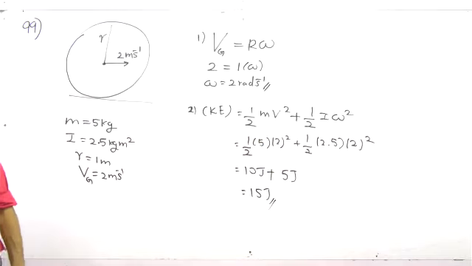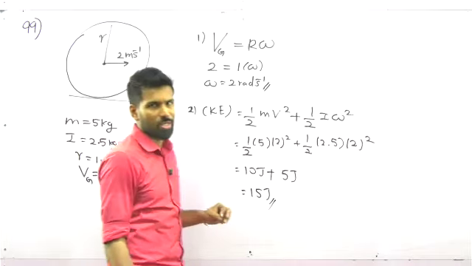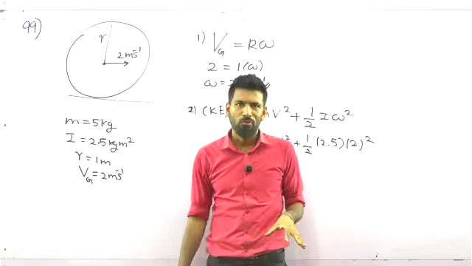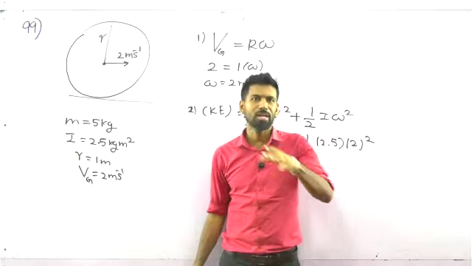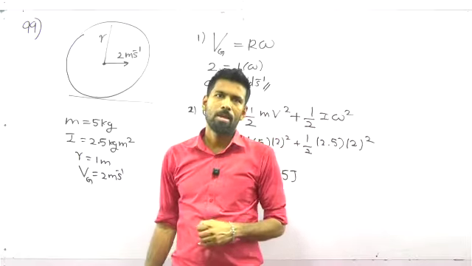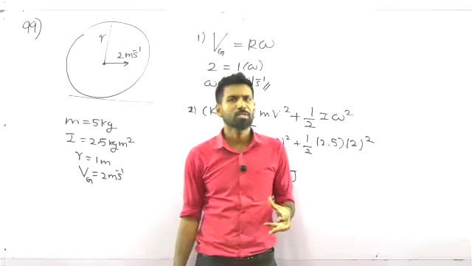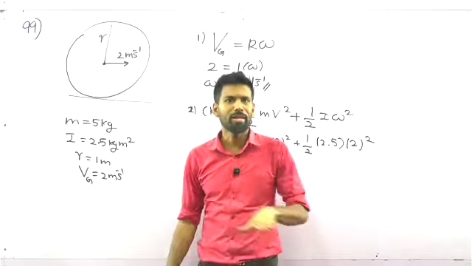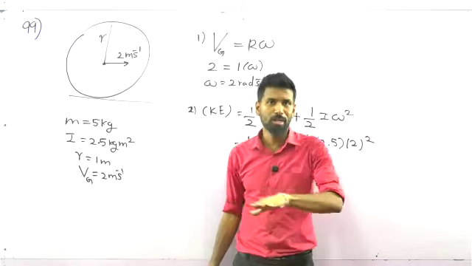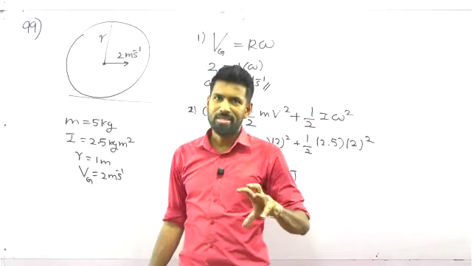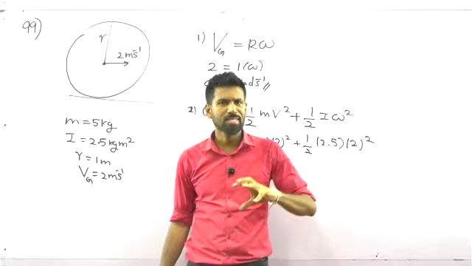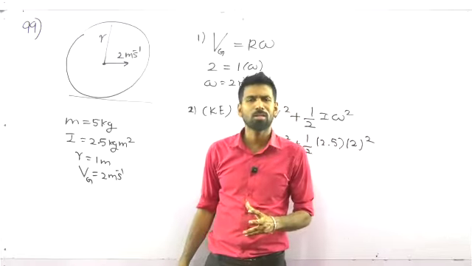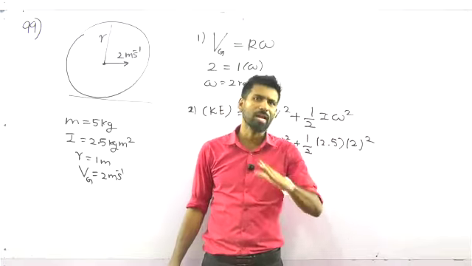Now after the interval, we have to pay our attention to the special scenario where a rolling is happening on an inclined plane. The two questions we solved were about a rolling happening on a horizontal plane. There's a slight difference when it comes to a rolling on an inclined plane.